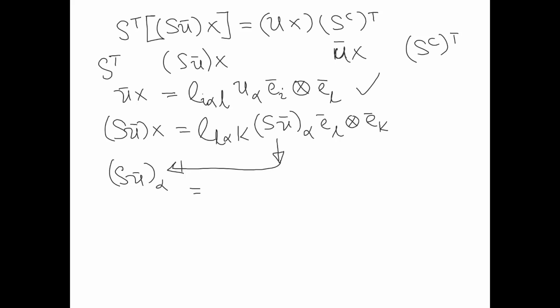The pattern is the alpha will be on the S, and you will use a repeated index J for your U. So if you have your component alpha on this SU, if you want to write that SU in component form, it's going to be S alpha J UJ, or S alpha I UI, or S alpha M UM. The only thing is that the alpha must be the first index on your tensor.